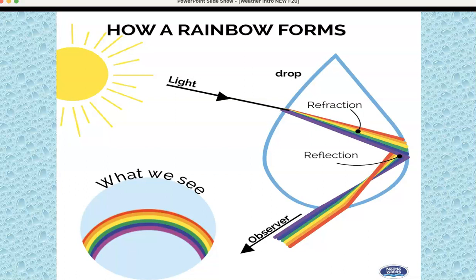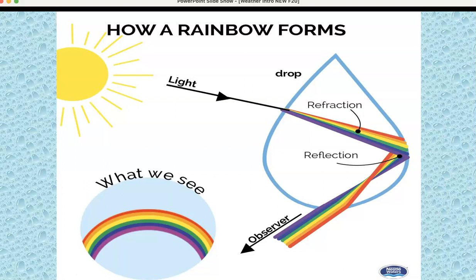So you've got a mixture of refraction and then reflection. Refraction is splitting it up, and then it gets twisted as it gets reflected back to the other side of the water drop there, and you see the lovely rainbow.